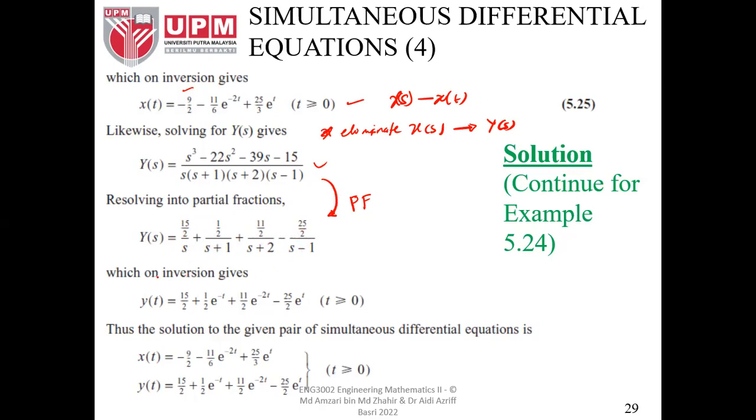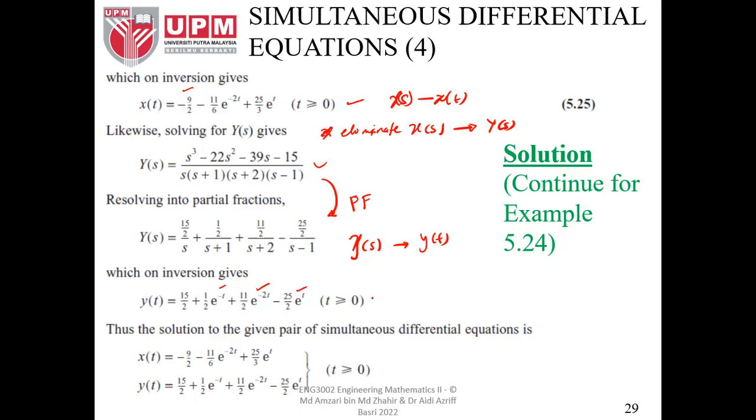So this one you need to apply the inverse transform. You need to change from y(s) to y(t). So you just transform again into y(t). This one will become 15/2 plus 1/2 with exponent negative t, then plus 11/2 with exponent 2t, then minus 25/2 with exponent t.